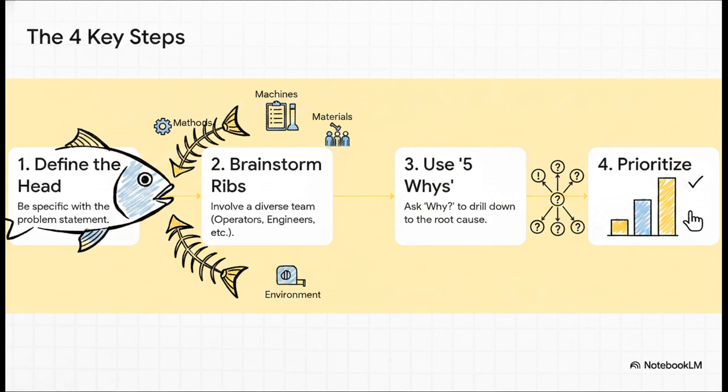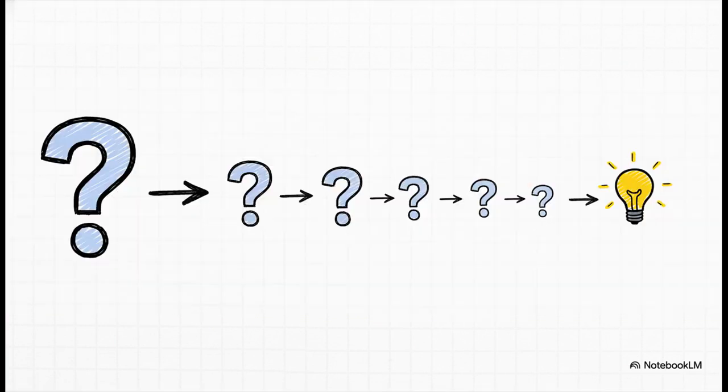Third, and this is the secret weapon, you use a technique called the 5 whys to dig deeper. And finally, you vote as a team on which causes are the most likely suspects to investigate first. Let's zero in on that third step, because honestly, it's where the magic happens. The 5 whys is how you blast past those obvious surface-level answers and find out what's really going on. It's simple. For any cause you come up with, you just ask why, like a curious 5-year-old.